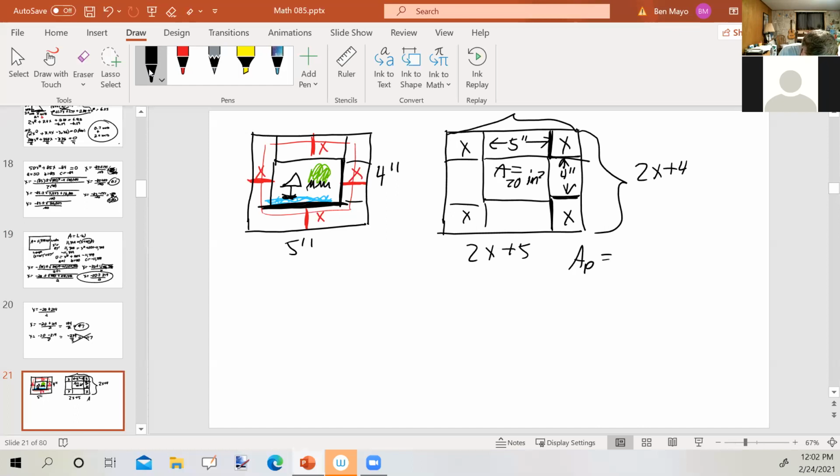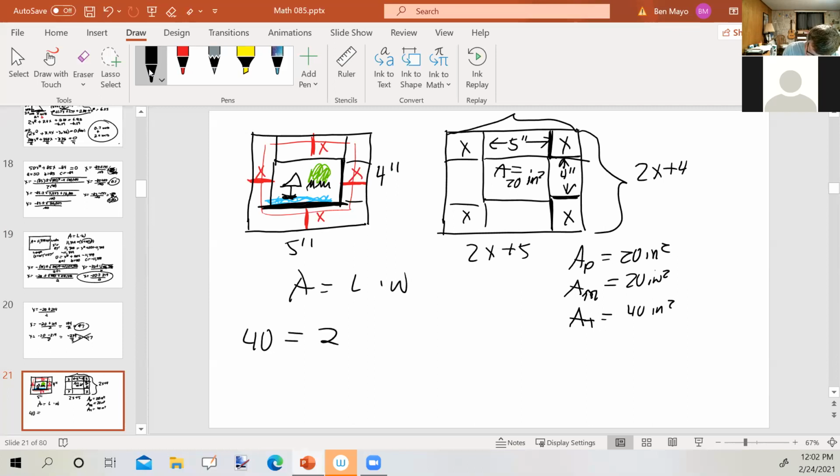So if the area of the picture is 20 square inches and the area of the mat is 20 square inches, the area of the total would be 40 square inches. Well, since area equals length times width, we've got the following equation. 40 equals 2x plus 5 times 2x plus 4.